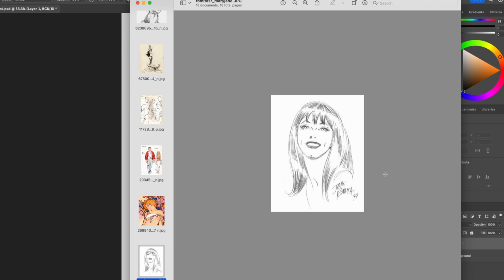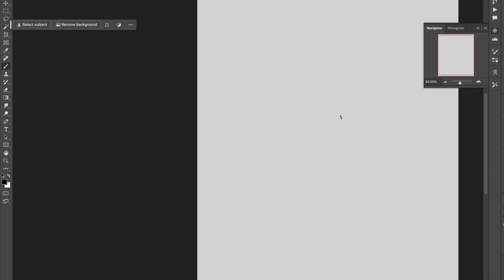One of the biggest problems that people have when it comes to drawing hair is that when they set out to draw the hair, they draw it as individual strands.